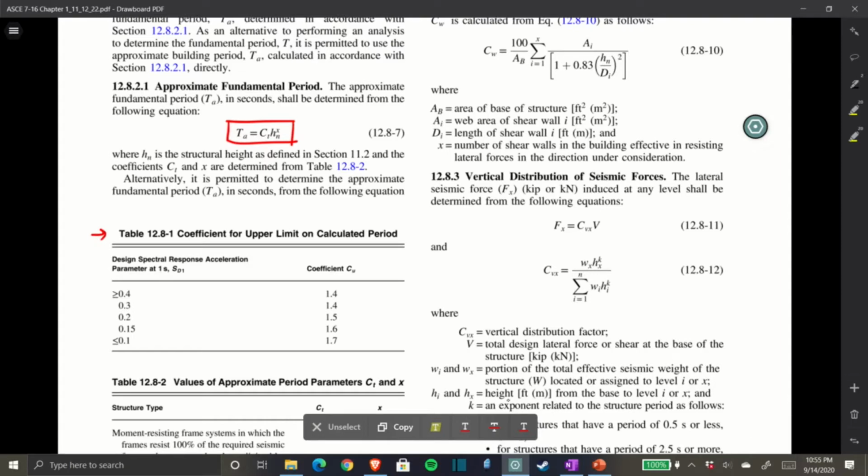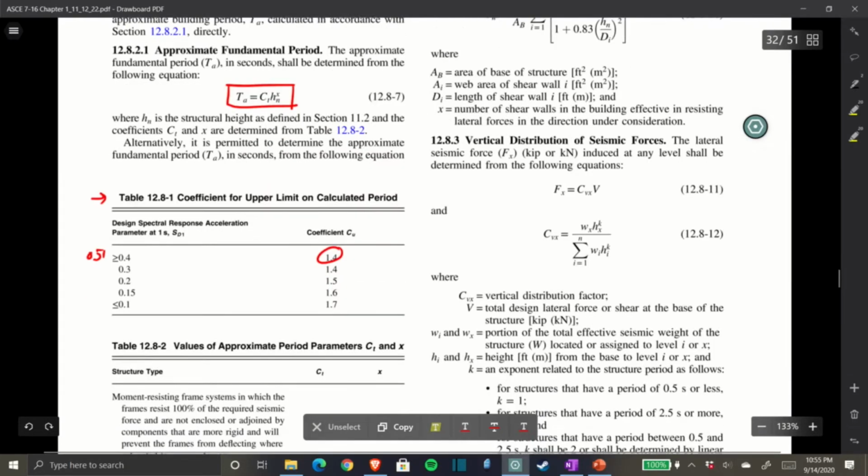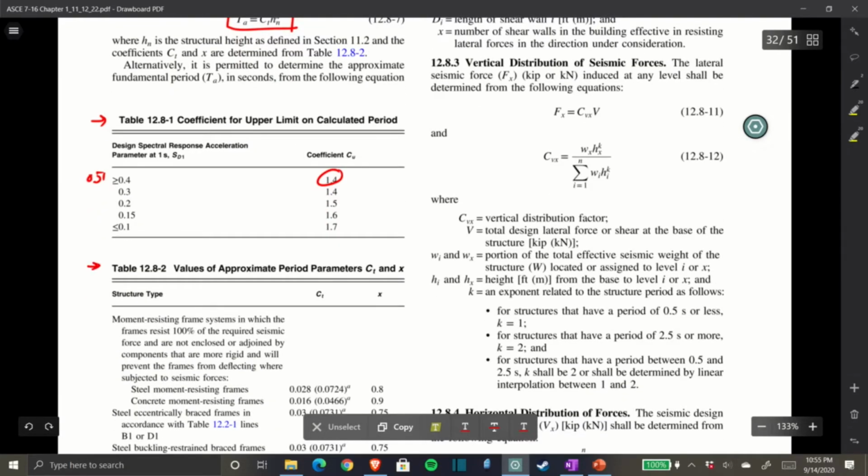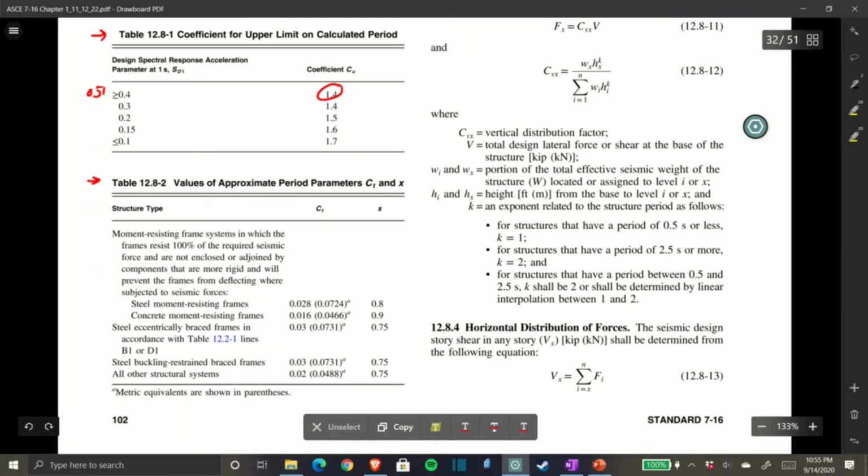First we're going to find CU, and that's based on SD1. SD1 is 0.51, so we're in that category again, so CU is 1.4. We move down a little bit further to the next table, 12.8-2. This is based on our structure type, so we're finding C sub T and X, and our structure type is a moment resisting frame system.